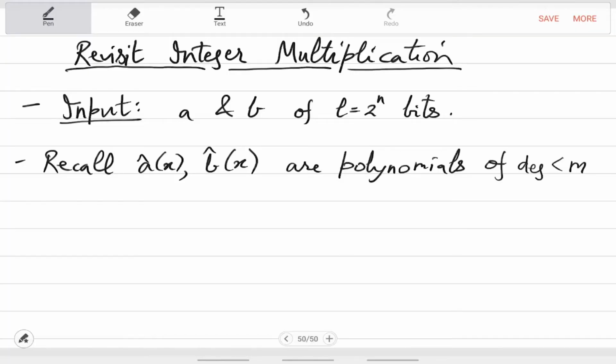So what was the definition of m? 2 raised to n by 2, I guess. 2 raised to ceiling or floor? 2 raised to floor. Yeah, let's recall that.